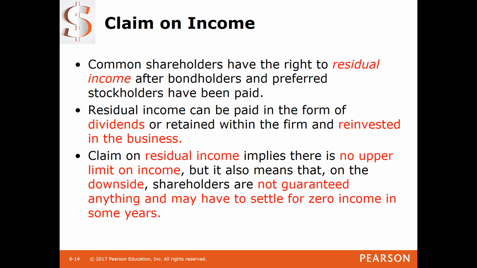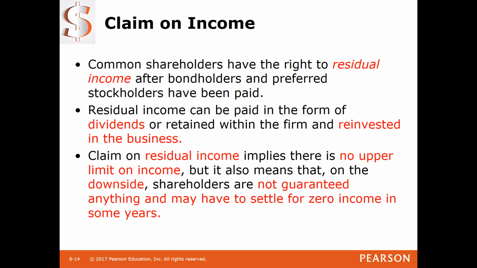If the preferred stockholders do not get paid, we as common stockholders do not get paid at all. So, common stockholders are the last in line for receiving any dividend benefit from the company. In other words, after everybody else has been paid off, only then can common stockholders qualify to receive dividends.